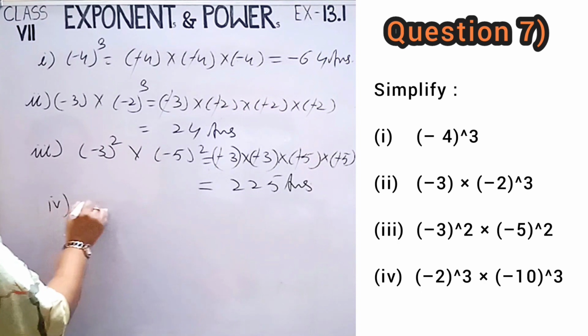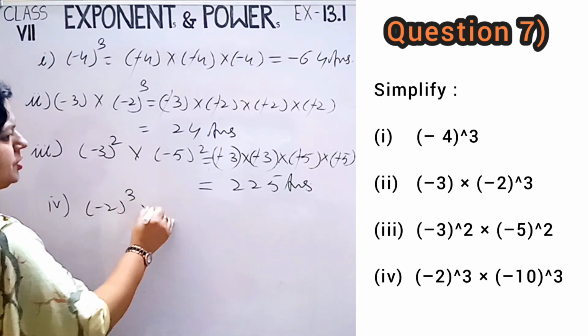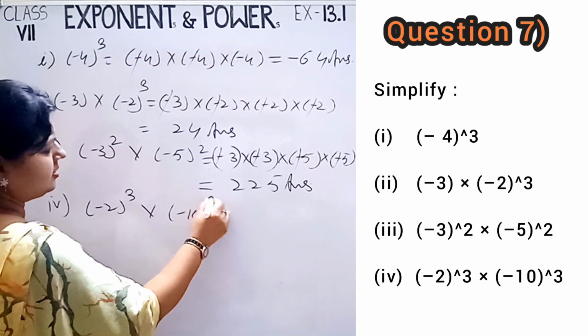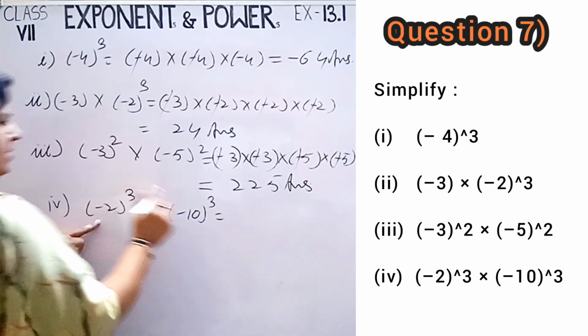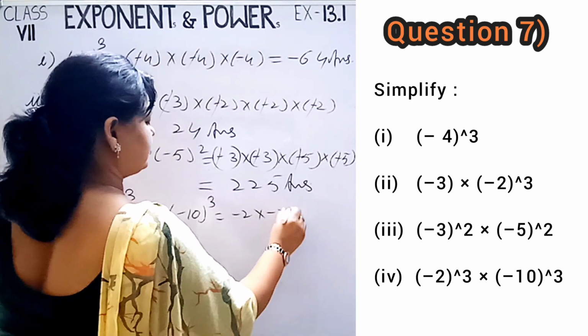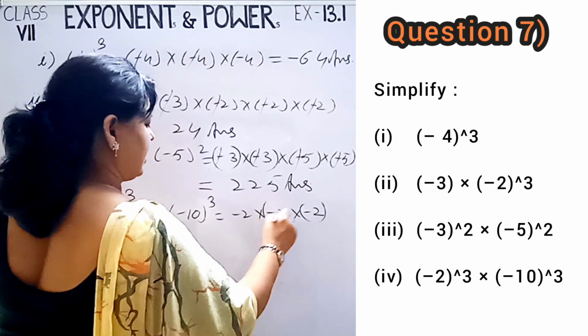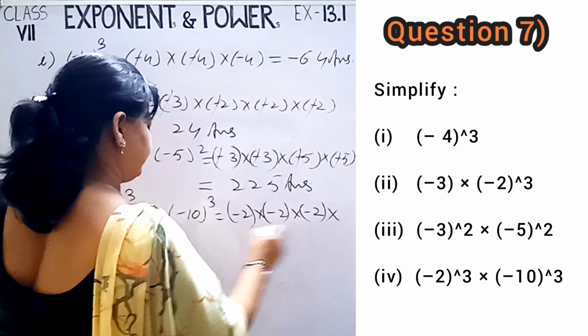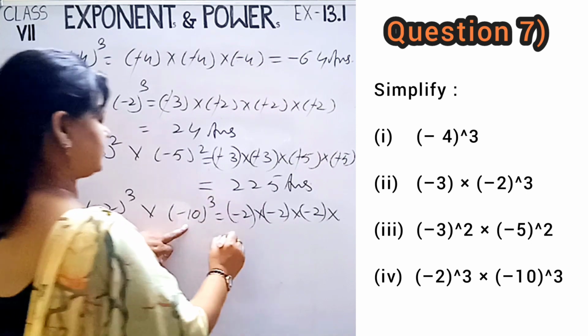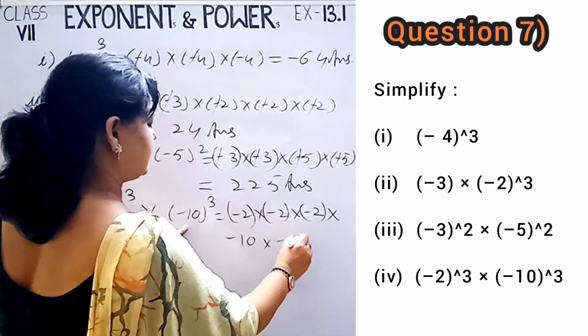Fourth part, minus 2 raised to the power of 3 into minus 10 raised to the power of 3. So minus 2 three times, minus 2 into minus 2 into minus 2. We have to put in brackets into minus 10 three times. Minus 10 into minus 10 into minus 10.